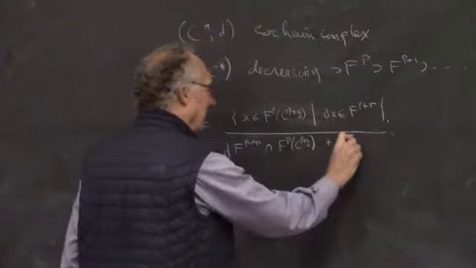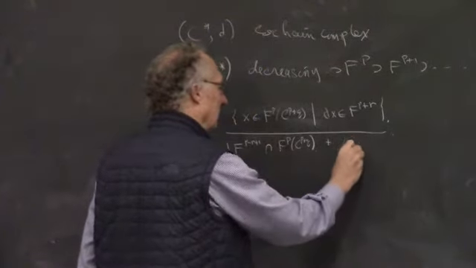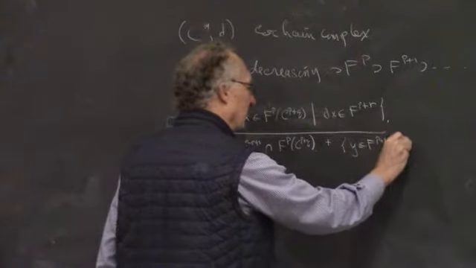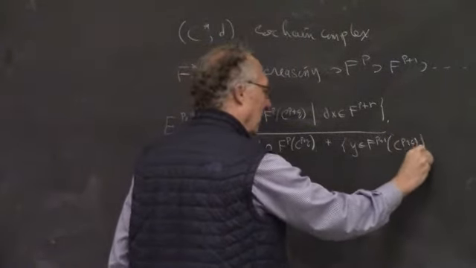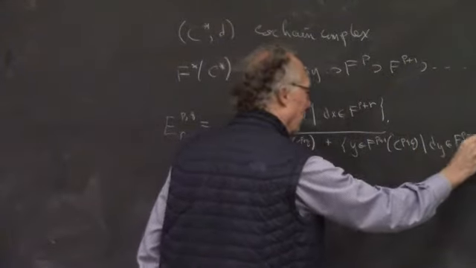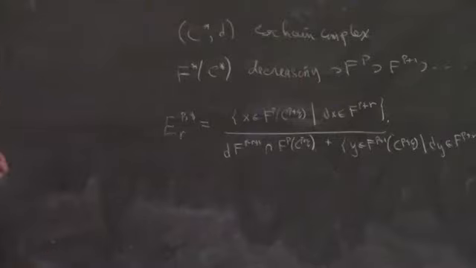And then we also divide out by the y in filtration level 1 more, with the property that dy is greater than p+r. Okay.